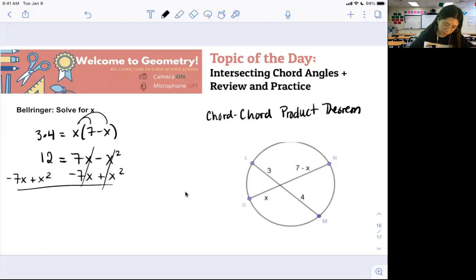So I'm going to end up with x squared minus 7x plus 12 equals 0. Does anyone have any questions on why I would rather move it to the left side instead of moving everything to the right side? You just want to make sure that the x squared, in the very front, is a positive 1. Once that happens, you can factor it without an issue.